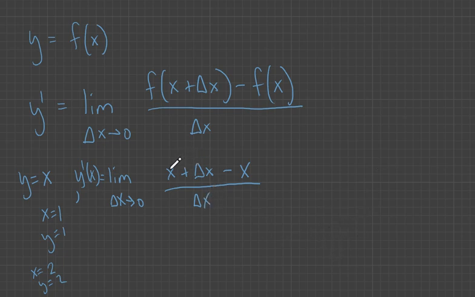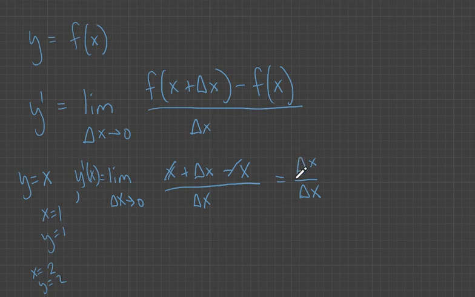So what we notice here is we have a positive x and a negative x. Those two end up canceling each other out, so you're just left with delta x over delta x. Now you still might say that's even worse because you're dividing 0 by 0, but the whole point of taking the limit is saying let delta x get as close to 0 as possible without actually being 0.